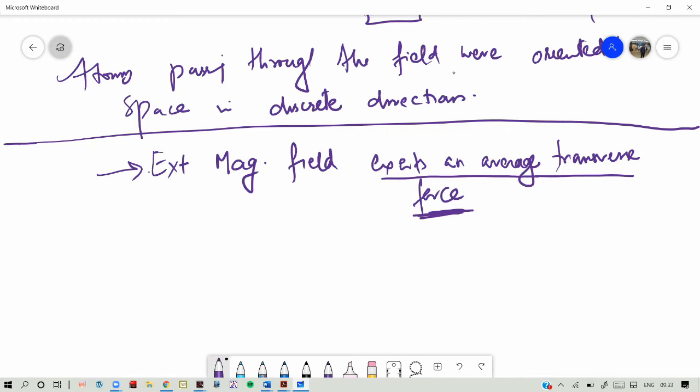So you have north and south. This is an inhomogeneous magnetic field.